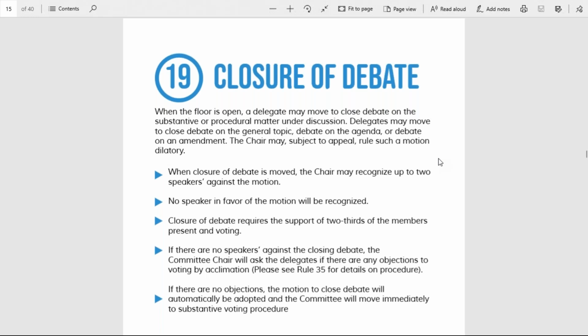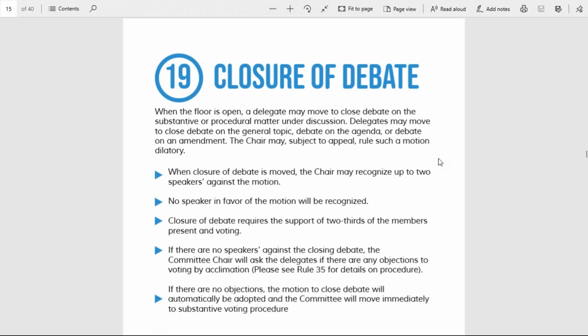When the floor is open, a delegate may move to close debate on the substantive or procedural matter under discussion. The delegate may move to close debate on the general topic, debate on the agenda, or debate on an amendment. The chair may, subject to appeal, rule such a motion dilatory.